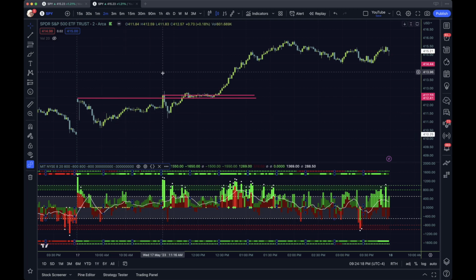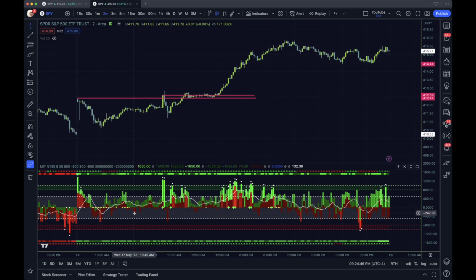Let the structure build out, show me what's going on, what levels are important for the day. As things are reclaimed, retested, and bounced, I start using these diamonds and especially these green crosses as trims, stop risk management, potentially exits, all the above.